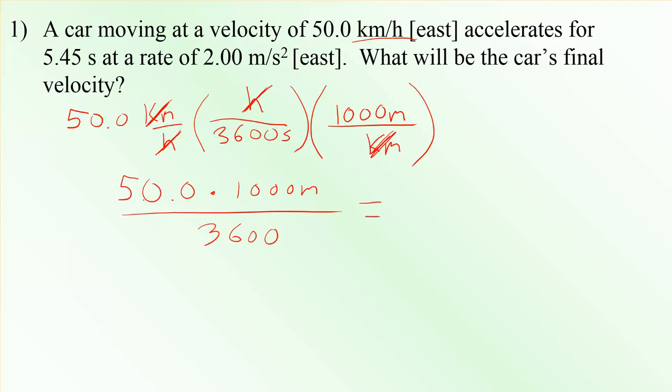That in meters per second is 13.9 meters per second. And there we go. We've figured out what this was in meters per second. I'm just going to write it up here so we know we're dealing with meters per second.